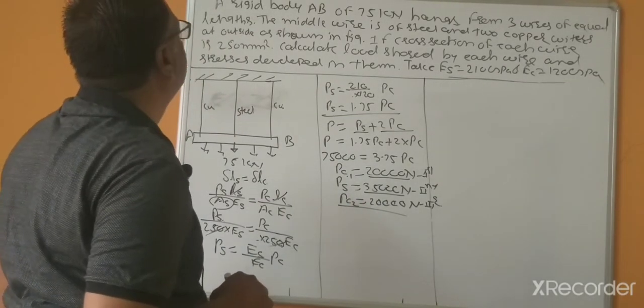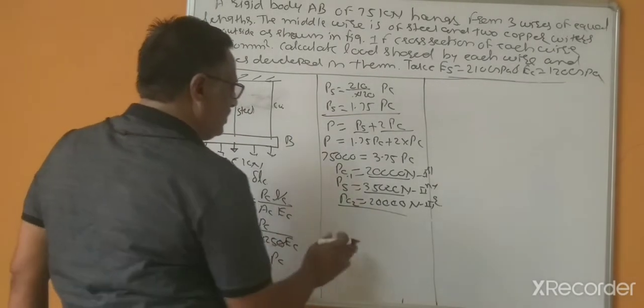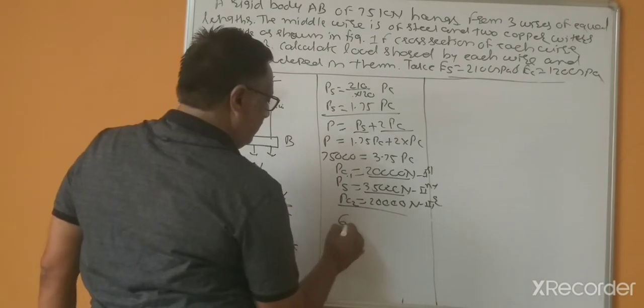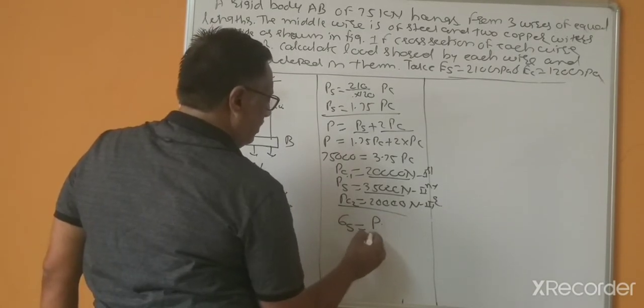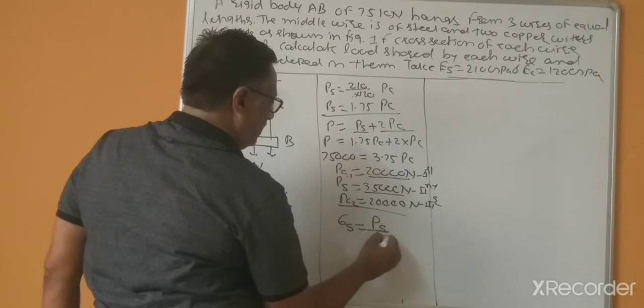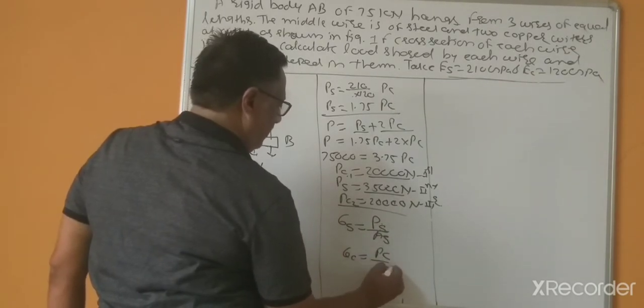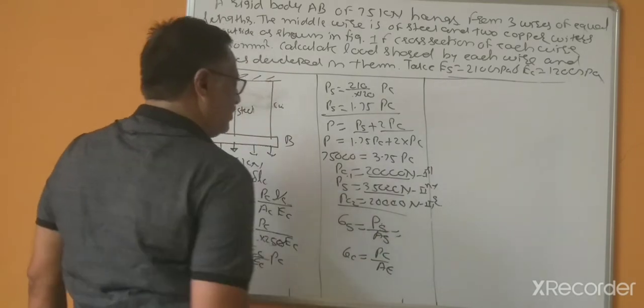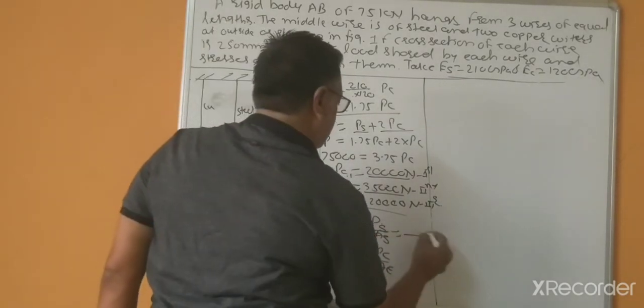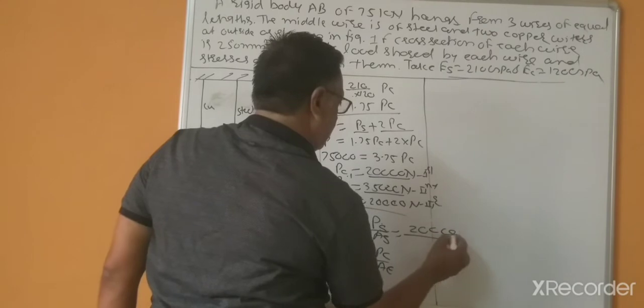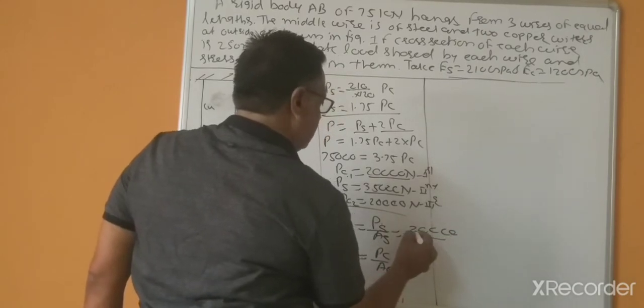Now stresses developed. So stresses developed means sigma S equal to PS divided by AS, and sigma C equal to PC divided by AC. So PS equal to 20,000, this is 35,000.